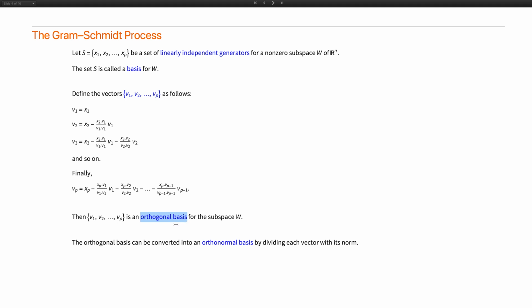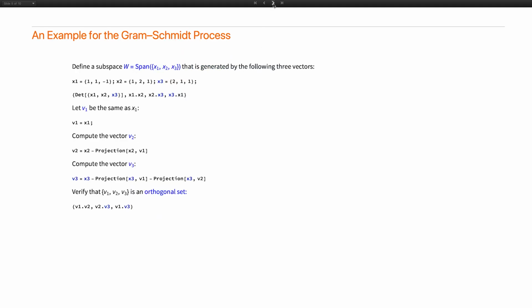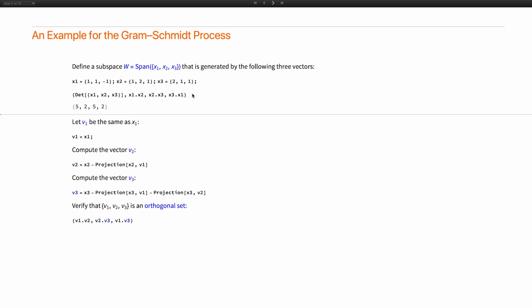Of course, once you have the orthogonal basis, you can convert to an orthonormal basis by simply dividing each vector by its norm. Okay, so let's take an example of that. Here you have a set of vectors x1, x2, and x3 in 3-space. Let's check they are linearly independent. That's the independence condition, but you see they are not necessarily orthogonal.